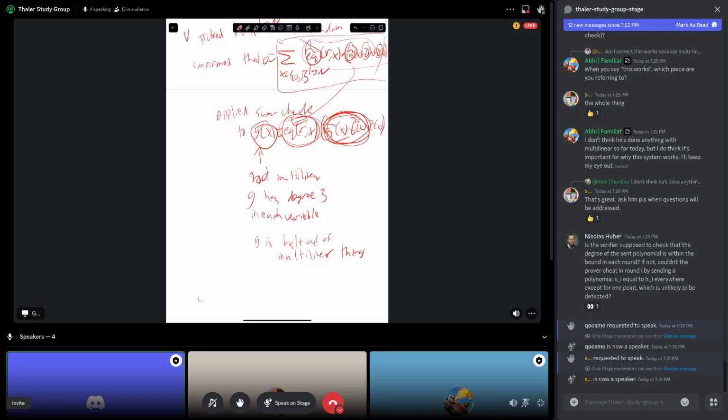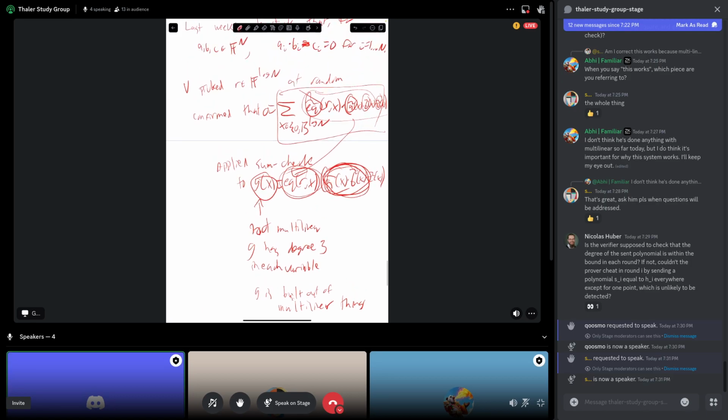The fact that we're using multilinear extensions, EQ twiddle, a twiddle, b twiddle, c twiddle, is helping both the prover and the verifier. It's what makes the proof size the lowest, 4 field elements sent in each of the log n rounds.